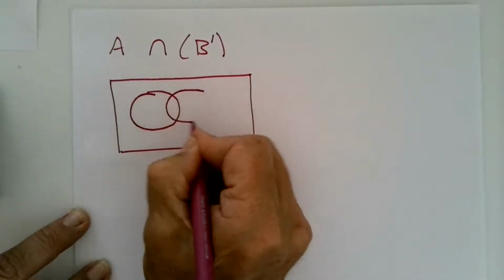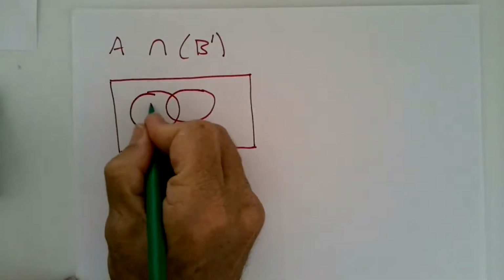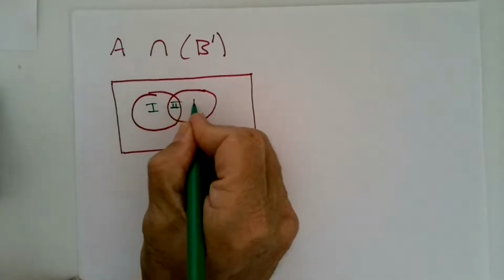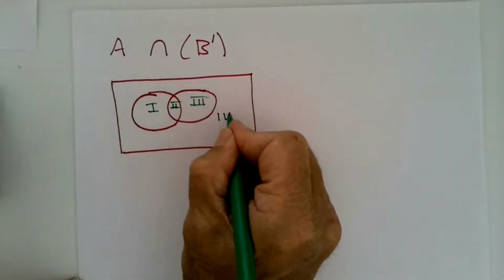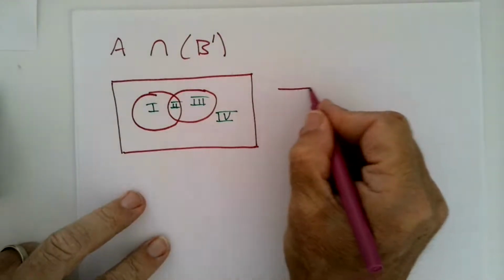Here's A, here's B. We have our 4 regions, region 1, region 2, region 3, and region 4. We're going to make our little table and see how that behaves.